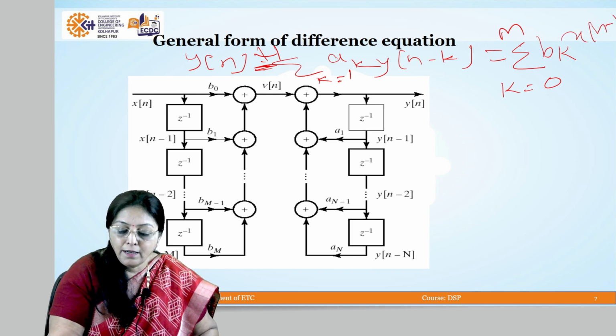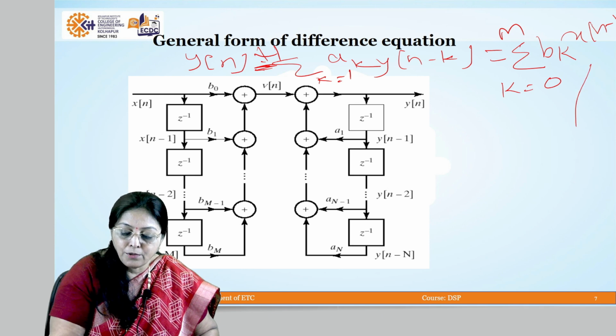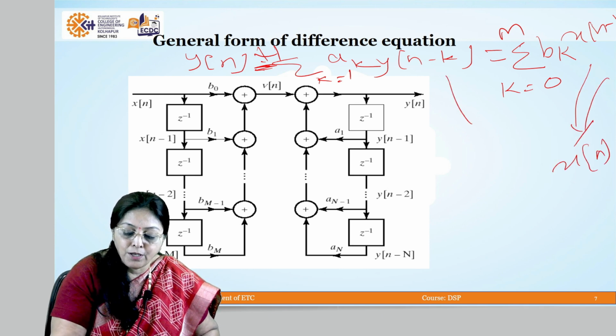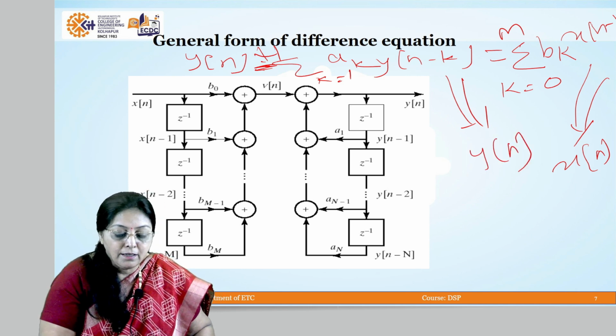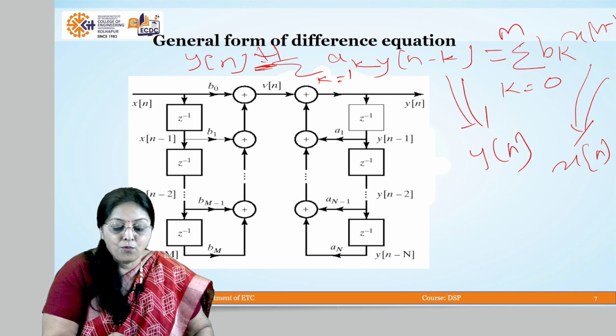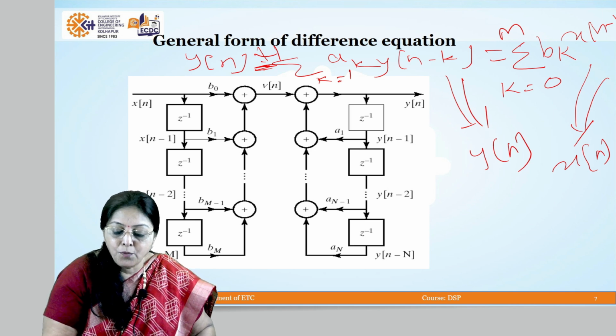So one parameter is related to x of n and the other is related to y of n. When you observe this diagram, the input is x of n and the output is y of n.